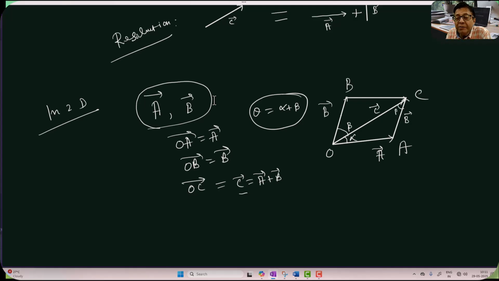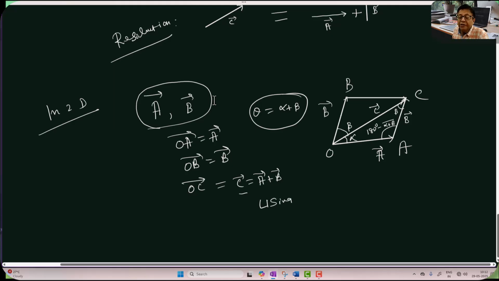See, in this parallelogram, if this one is alpha, this one is beta, this has to be equal to beta. So what about this one? This will be 180 minus alpha plus beta.